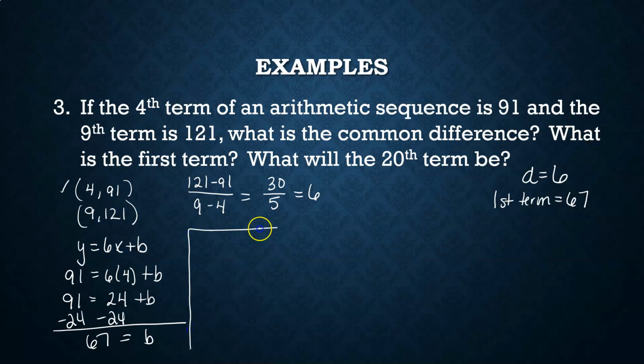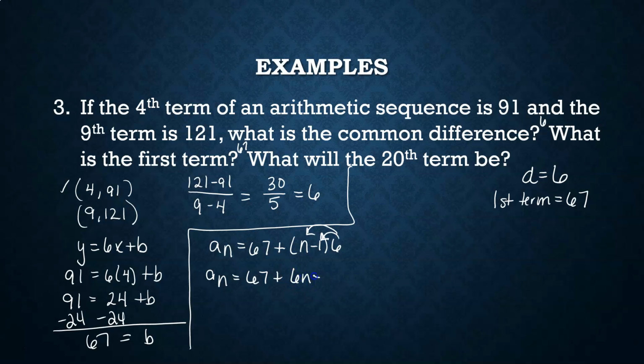So we know all of that now. So now let's plug what we know in to get our equation. So your common difference is 6. What's the first term? 67. Now we have to get our formula so we can find the 20th term. So I have a sub n equals 67, that's my first term, plus n minus 1, and my common difference is 6. So let's simplify that. So I have a sub n equals 67 plus 6n minus 6.